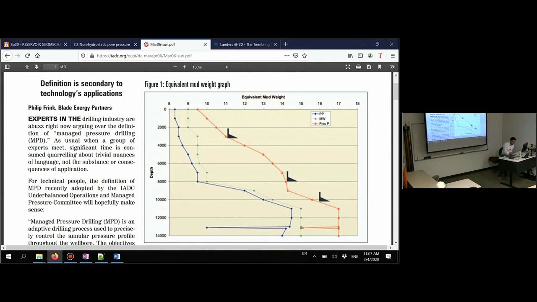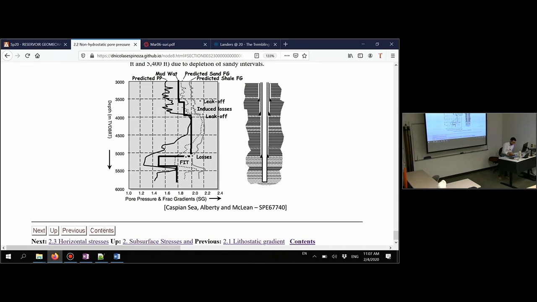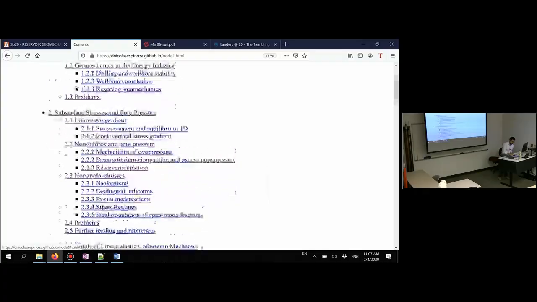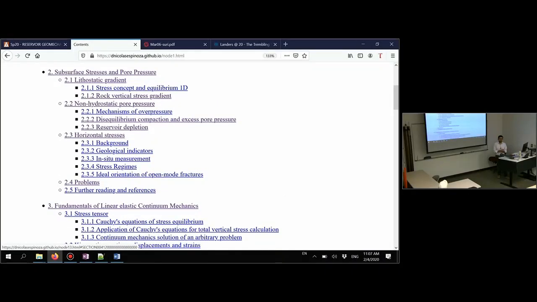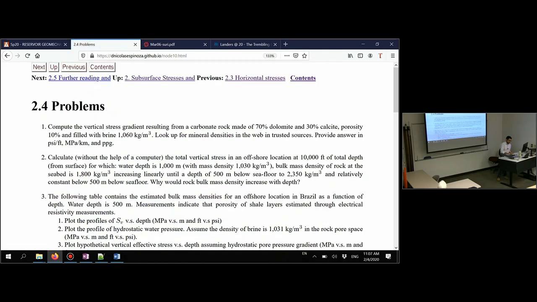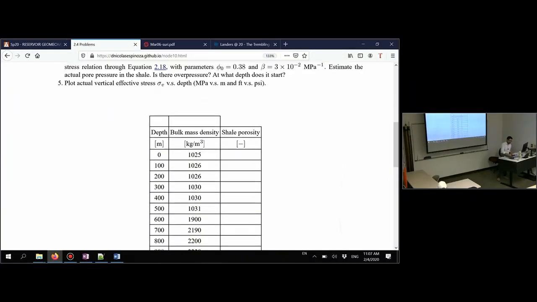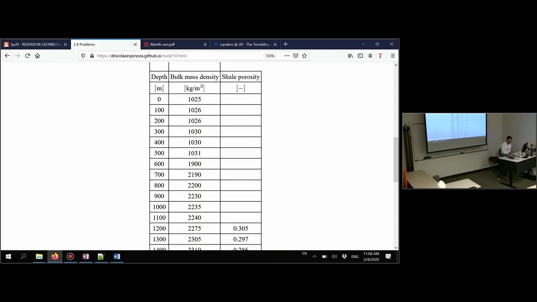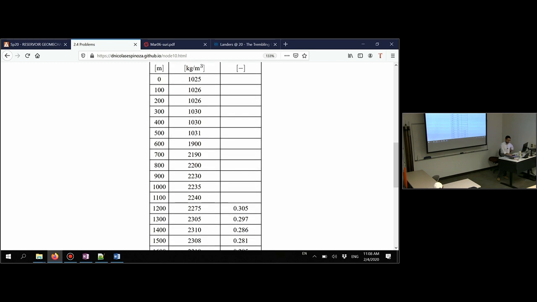All right, so with that, we end the topic of non-hydrostatic pore pressure. I hope you guys start to work on the homework. I don't know if you have any question about the special. I think we work more or less on everything except problem number 3, where you need to use this shale porosity over here in order to calculate pore pressure.